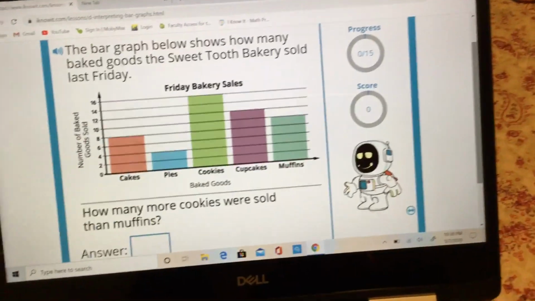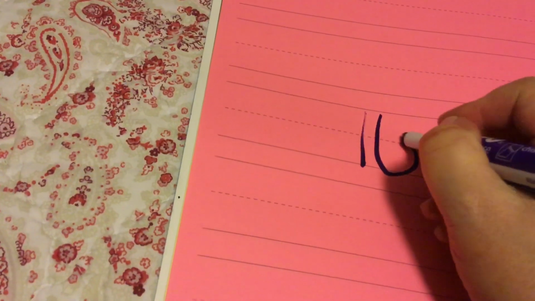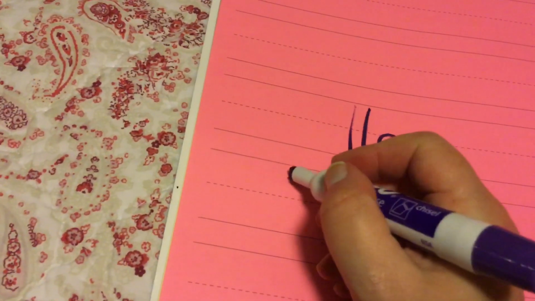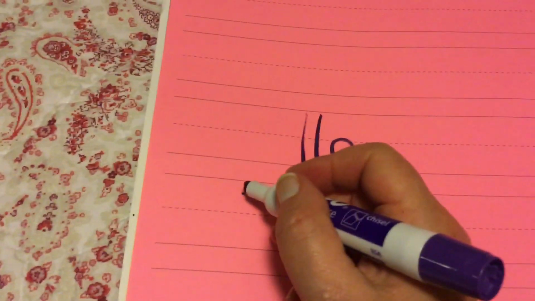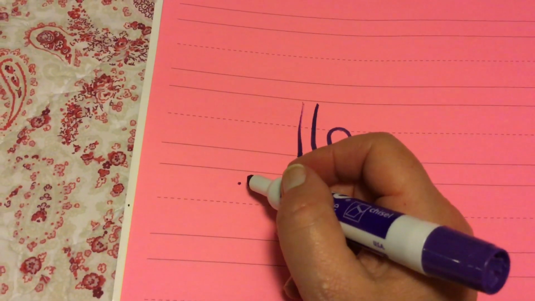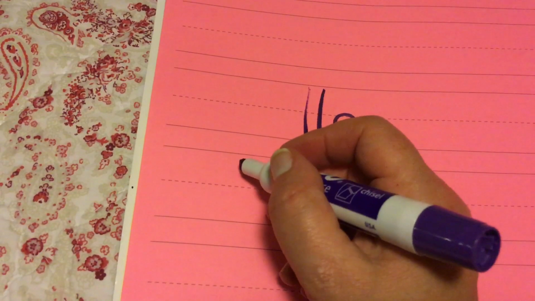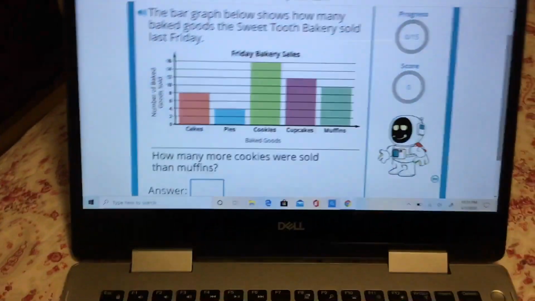So 16. And I'm going to write that on my sheet right there. How many more is telling us what operation? I hope everyone is saying subtraction. We should be there at this point.